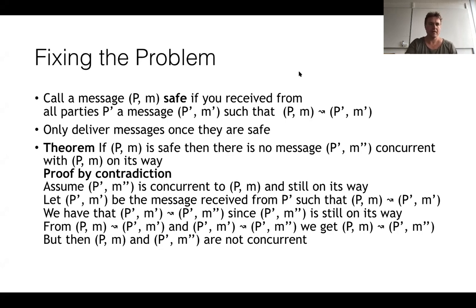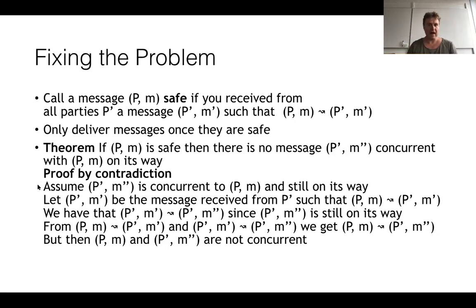Theorem: if (P, M) is safe, then there is no message (P prime, M prime prime) concurrent with (P, M) on its way. I'm going to do a proof by contradiction.